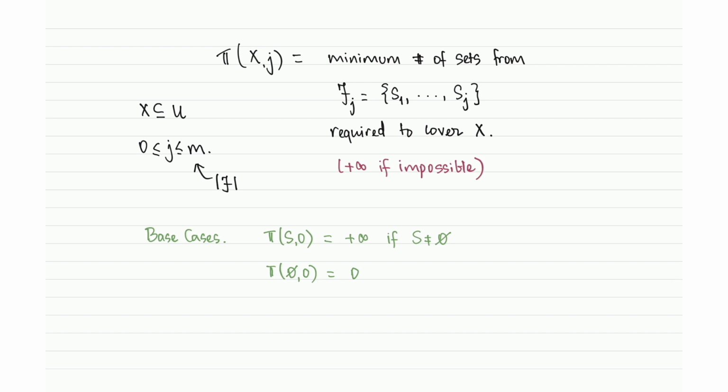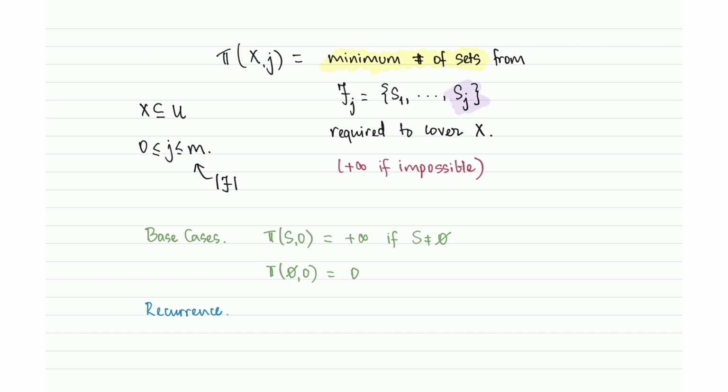Now let's think about the recurrence. Now to figure out what the recurrence should be, let's take a moment to imagine what our solution looks like. There are two possible scenarios that we could encounter, especially relative to what's going on with this set Sj.